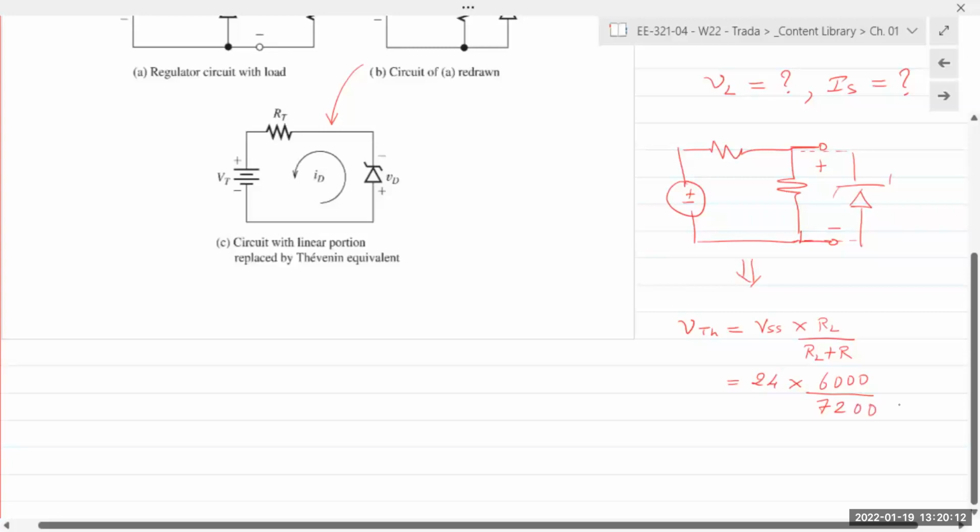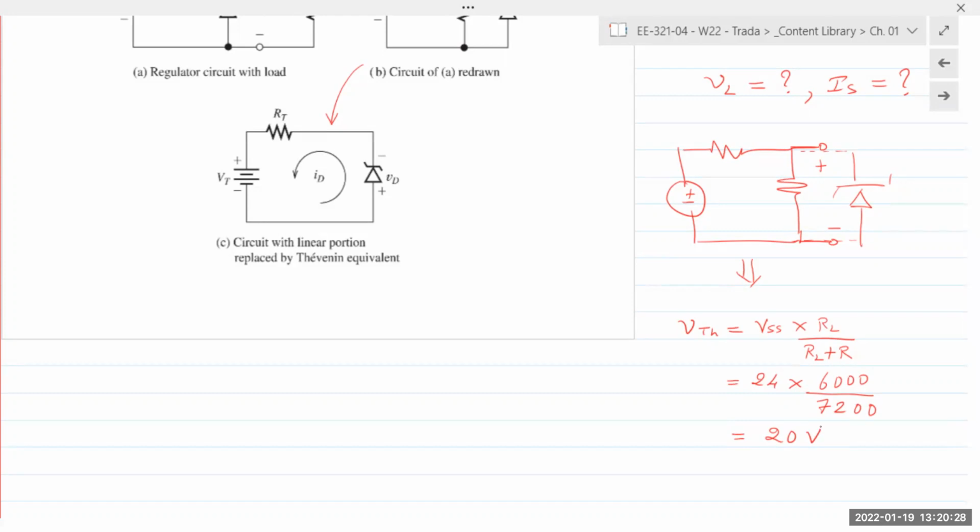So that is 12. 12 times 2, 4. And that should give me what? 20 volts. 6, 12, 12, 2 times 10. Yeah, 20 volts.